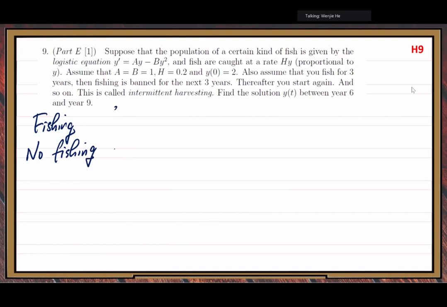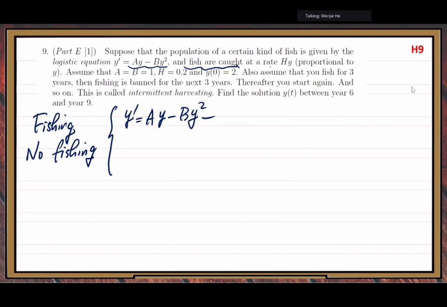So for the fission case, y prime equals ay minus by squared, then another term. Because population without fission is this part.